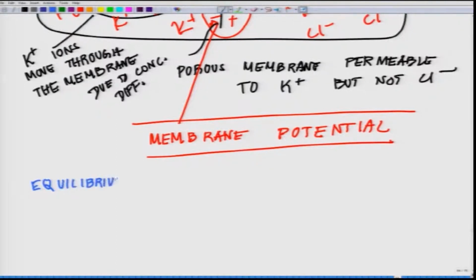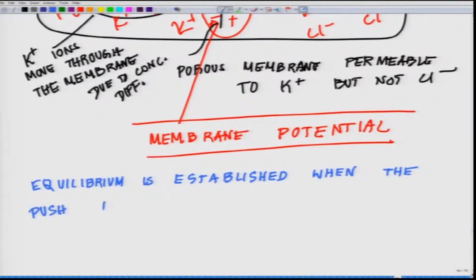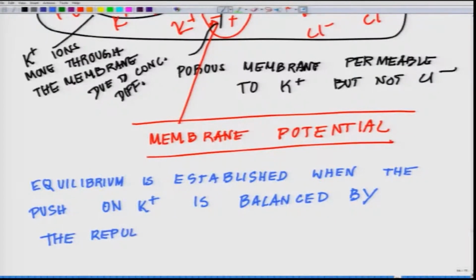Equilibrium is established when the push on potassium is balanced by the repulsion of potassium by the charge.